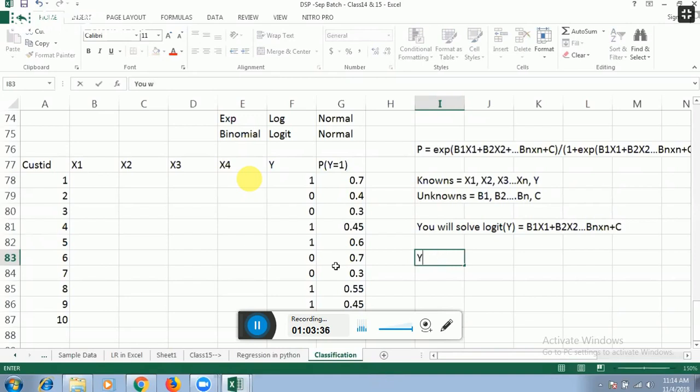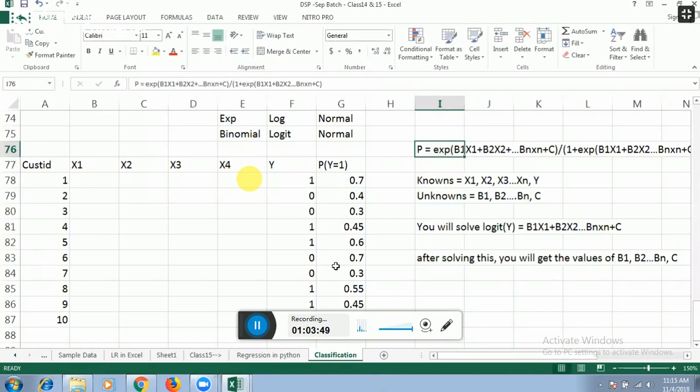After solving this equation, you will get the values of beta 1, beta 2 and so on, beta n and the constant. So that means I will have this relationship. Once I know the relationship, I will get my value. Correct? This is the output of my model, guys. My output of the model is p equal to this. Using that, I can calculate my probability of y equal to 1 for my training data as well as testing data, whatever it is.